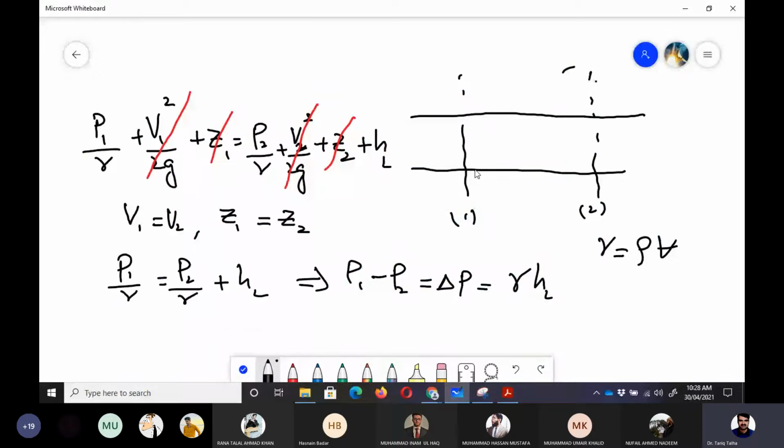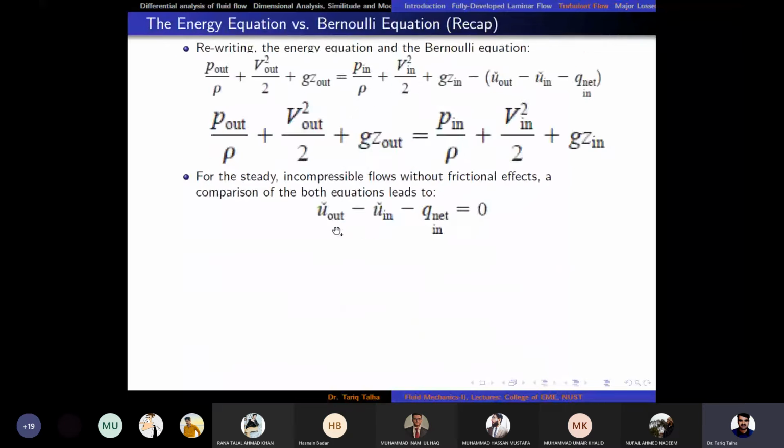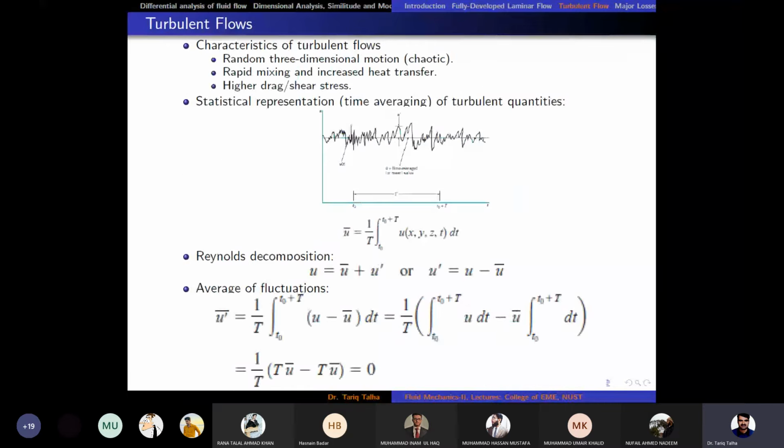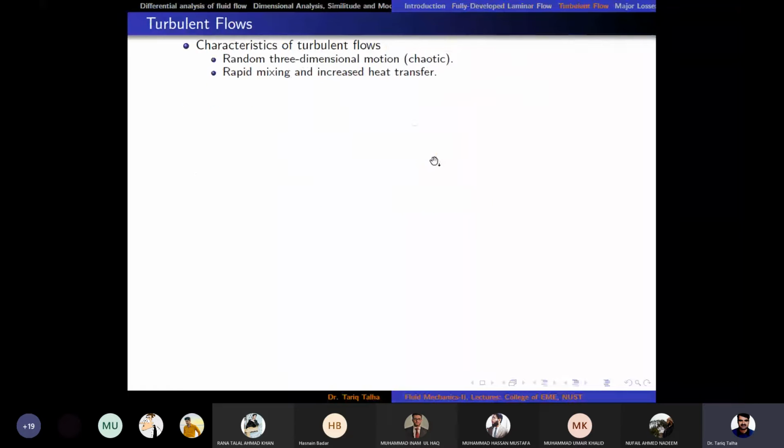Before Umair's question, we were trying to discuss where this relation came from. So let me take you back to one of the previous slides. Here you can see that delta P is equal to FL upon D, rho V square upon 2.